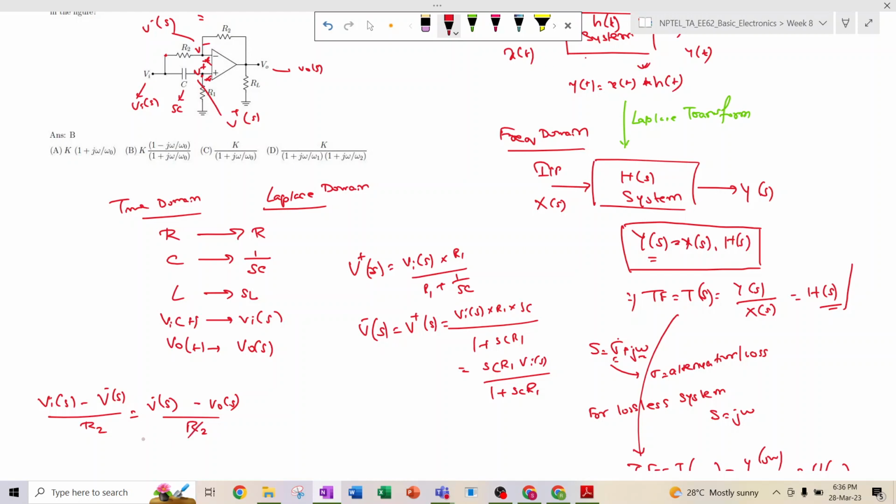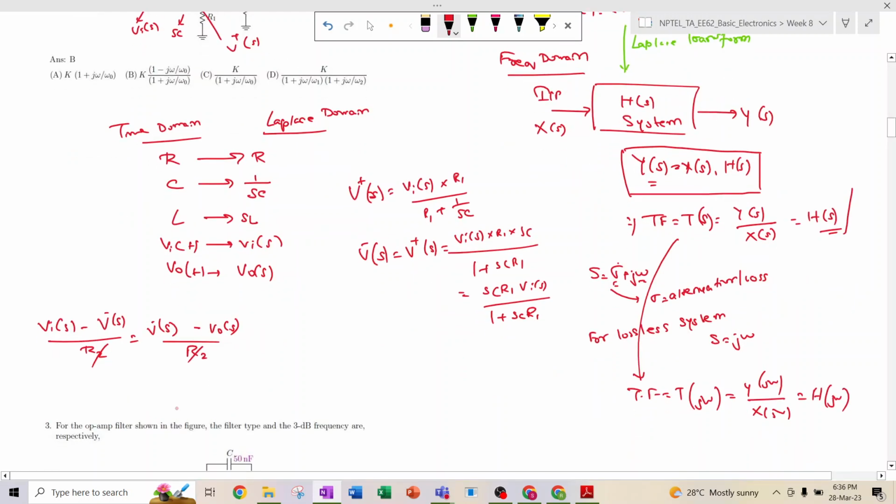So R2 cancels out, and we can write Vo of S is equal to twice V minus S minus Vi of S.